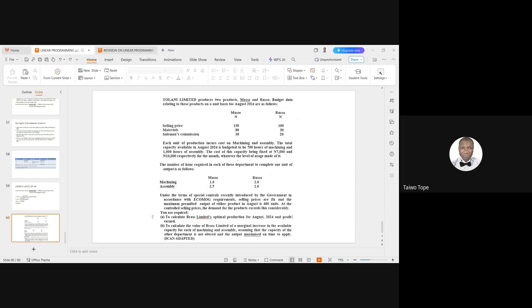So under the terms of special control, recently introduced by the government in accordance with ECOMOG requirements, this is a limitation now. Selling prices are fixed, and the maximum permitted output of either product in August is 400 units.